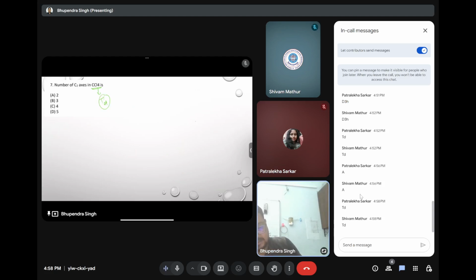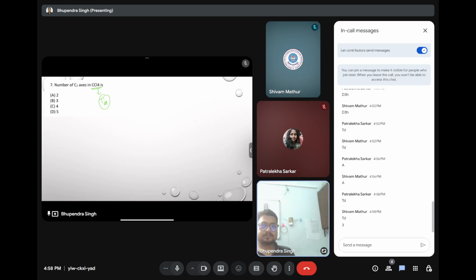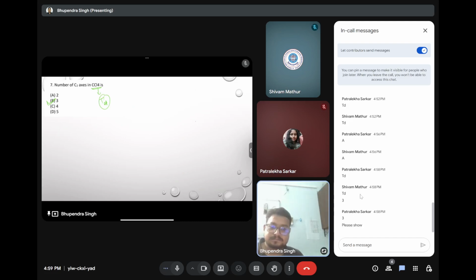In tetrahedral, how many C2 axes are present? 3. Okay, it is right. Are you able to visualize those 3 C2 axes, or can I show you the structure of tetrahedral and the C2 axes so you can visualize easily?